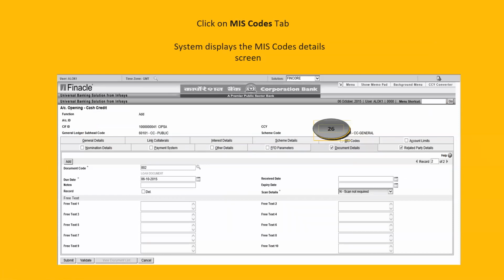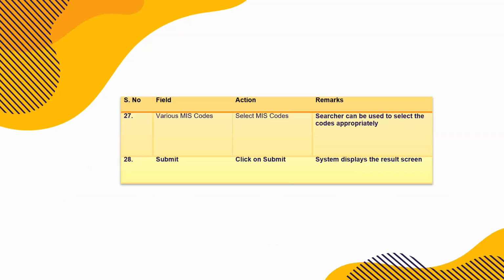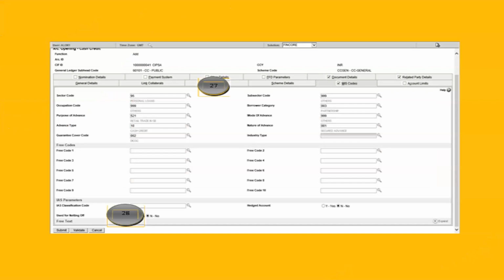MIS, I told you, it's very important, right? So MIS codes are very important. This has to be filled up very carefully, right? So this is for documents. Various MIS codes are there. In which category we are advancing, what type of category is the borrower, and we submit. We get the account number, right? Click on submit here.